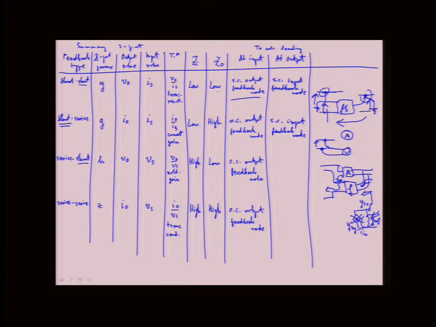Right? And the way for me to disable this source is to kill this quantity, I in, with which the input kind of tries to push stuff through the feedback, right? So that's why if the input is series, we basically open circuit the input feedback node.